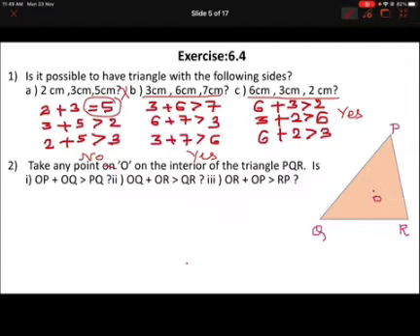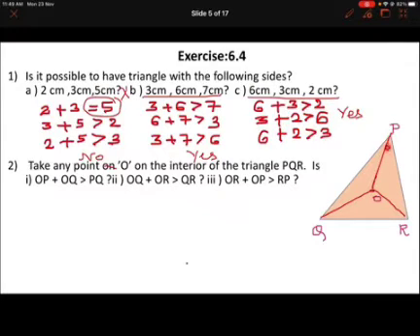Now let us see. We have to do a small construction here. Simple. Join OQ, OR and OP.